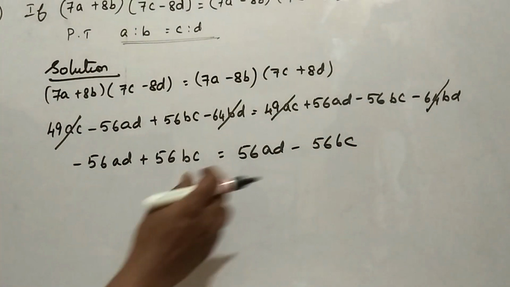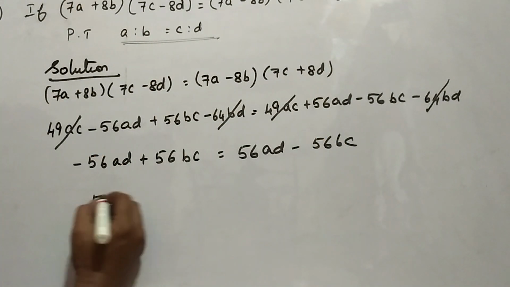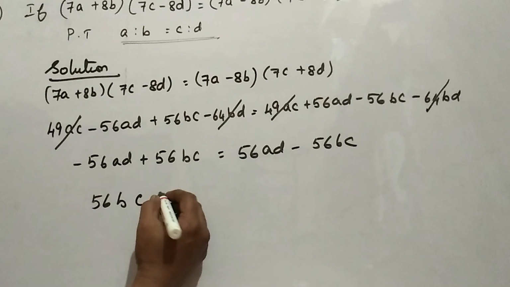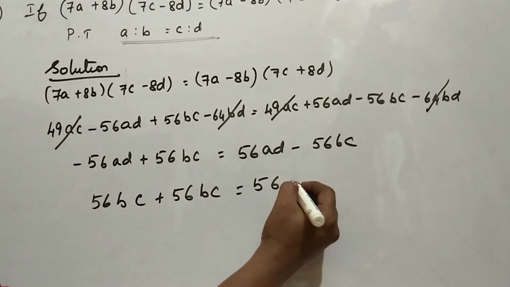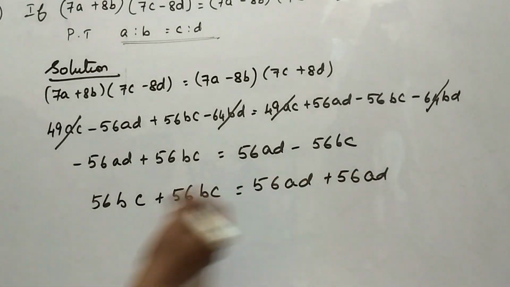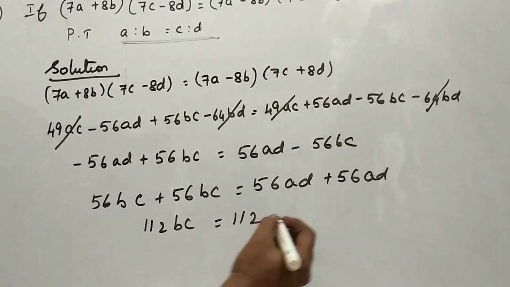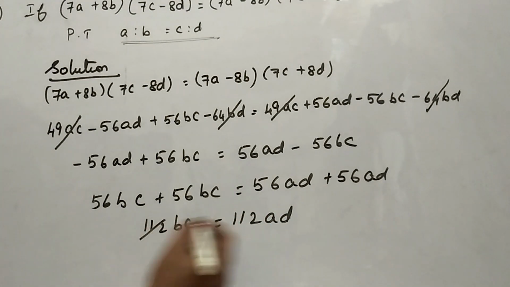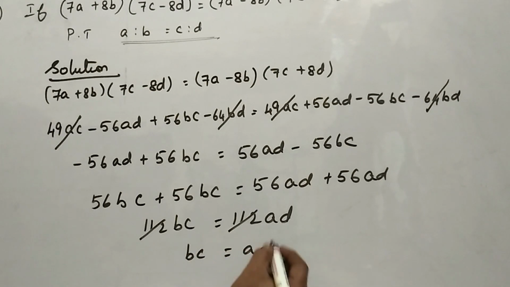Okay, now keep AD one side and BC one side. So 56 BC plus 56 BC is equal to 56 AD plus 56 AD. Now 112 BC is equal to 112 AD. Cancel these two. So you will write BC is equal to AD.